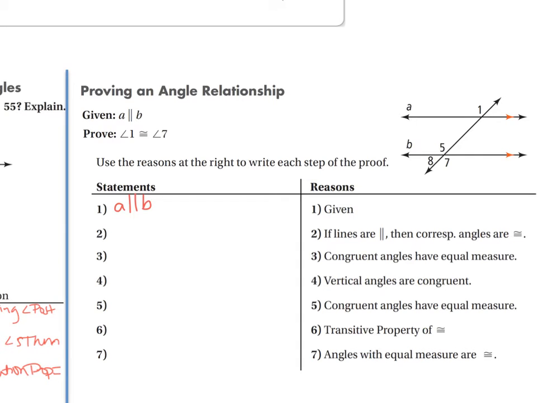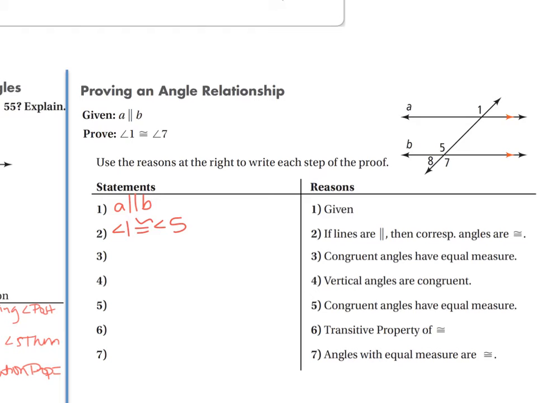A is parallel to B. The second step is if lines are parallel, then corresponding angles are congruent. What are the corresponding angles? Angle 1 and angle 5 are the only set of corresponding angles on there. So we would say angle 1 is congruent to angle 5.